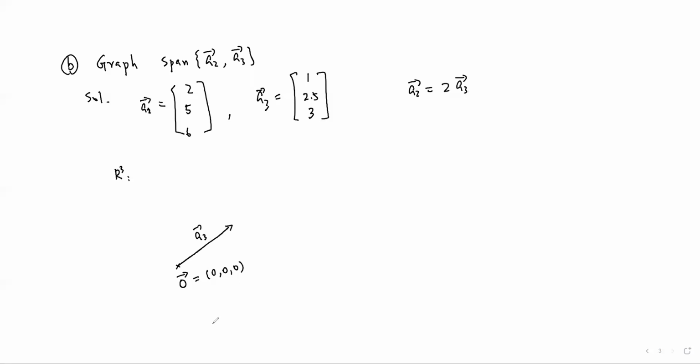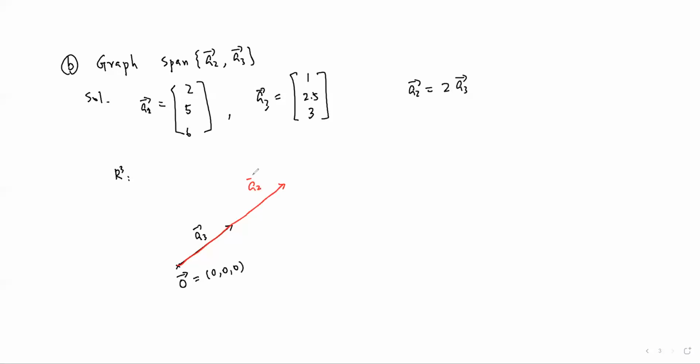A2 is 2 times A3, so A2 has the same direction as A3, but twice the length of A3. This vector is A3.